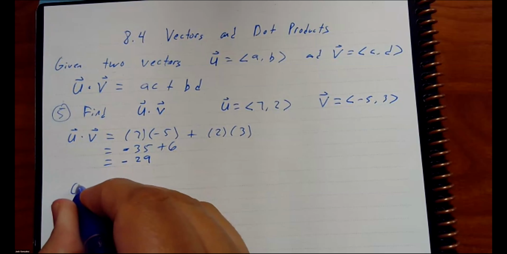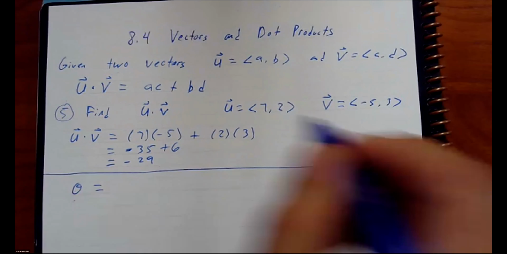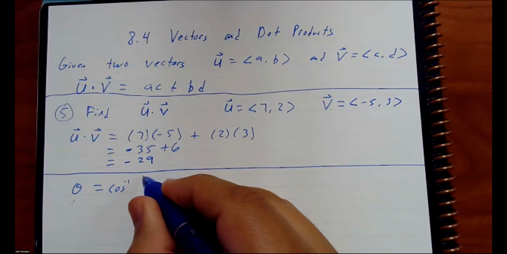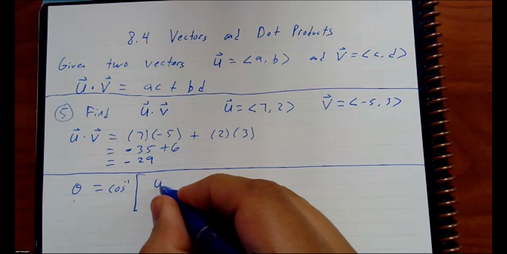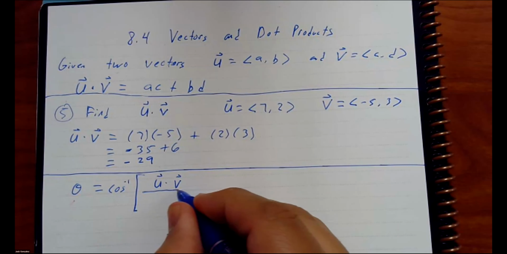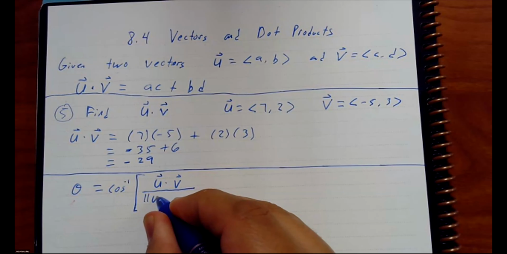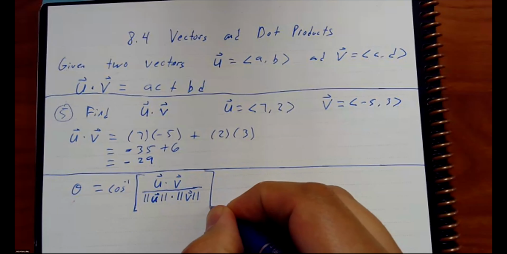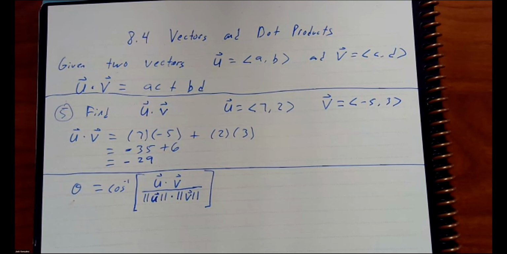So theta is equal to the cosine inverse of u dot v over the magnitude of u times the magnitude of v. So just use this.